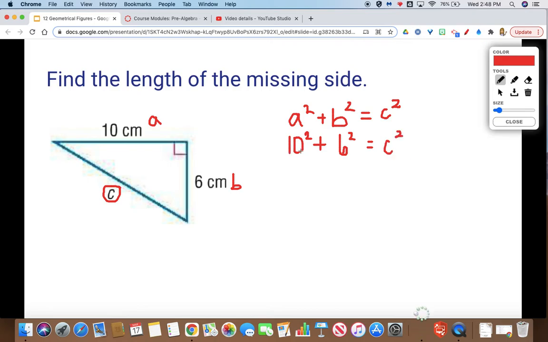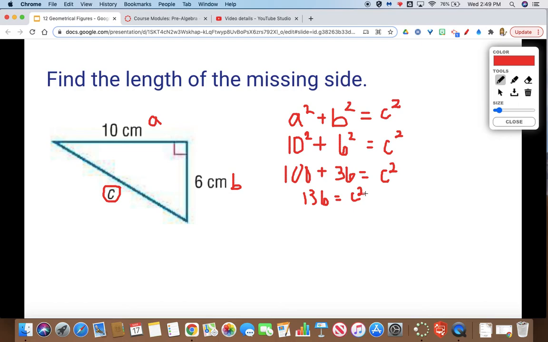Now we solve. 10 squared is 100, plus 6 squared is 36, equals c squared. Add those together, I get 136 equals c squared.